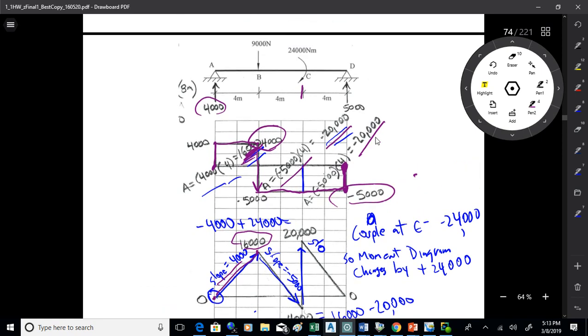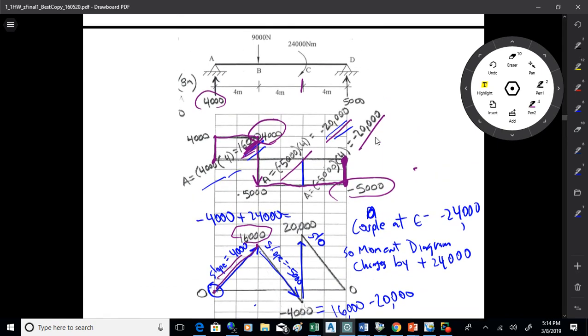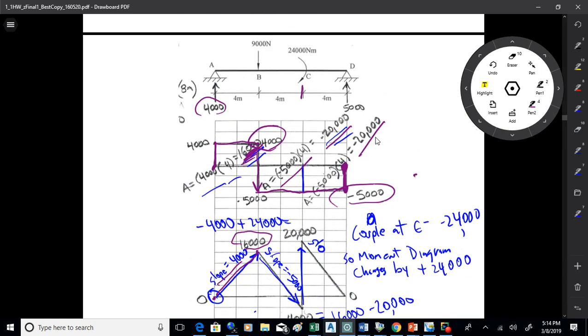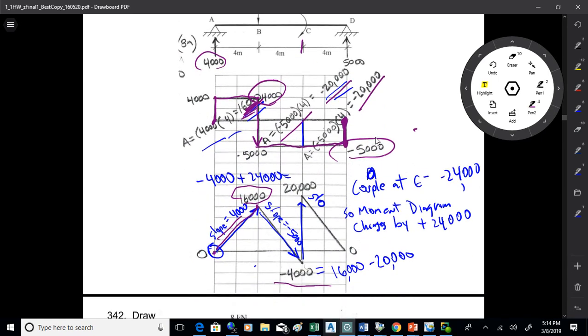Okay, then you have the couple. The couple is negative 24,000, but you change the sign when you look at how a couple affects the moment diagram. So we'll get an immediate change in moment of 24,000, but it's positive on the moment diagram. So the beam reacts in a positive sense to that negative 24,000 that's applied.